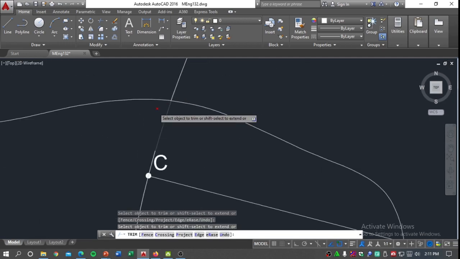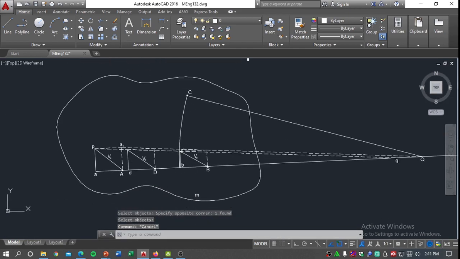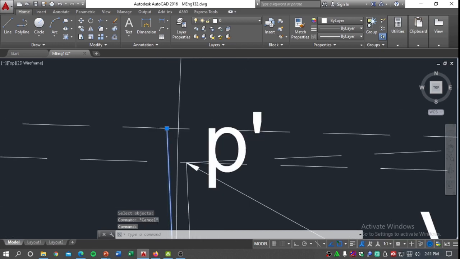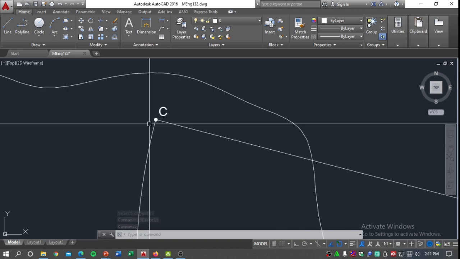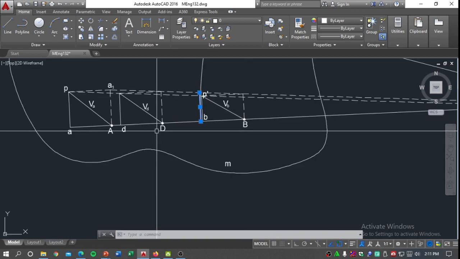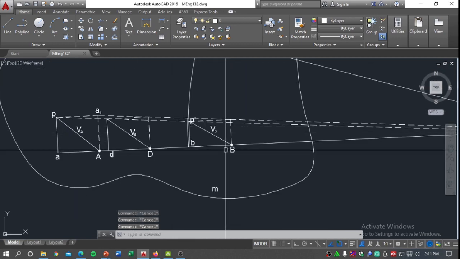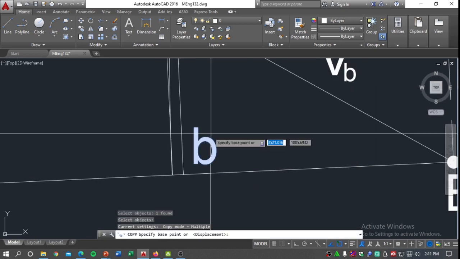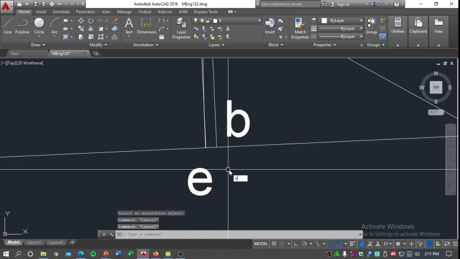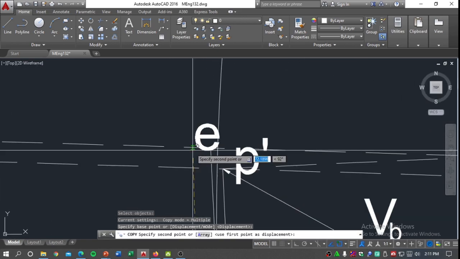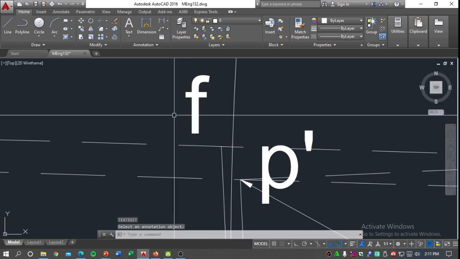So we can now trim this circle. Okay. So this length is now a component of the velocity vector for point C. Okay, so we'll assign these points as E and F respectively. E, this point here, and this point above is the point F.